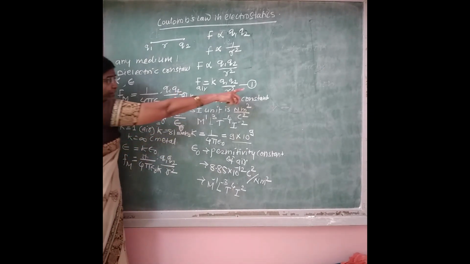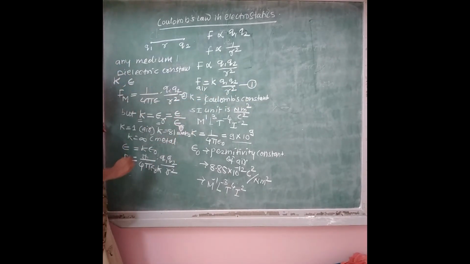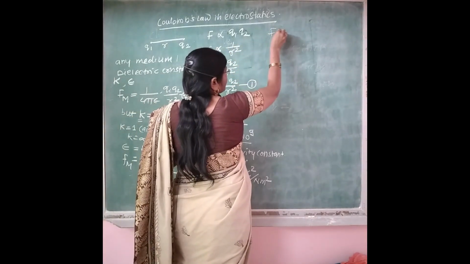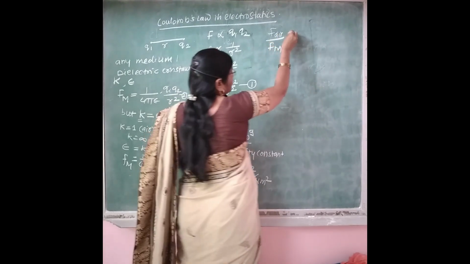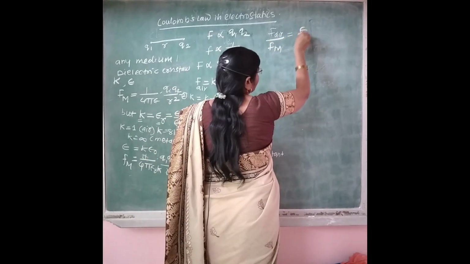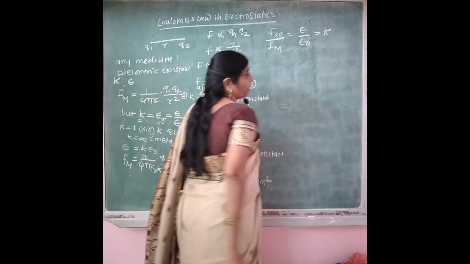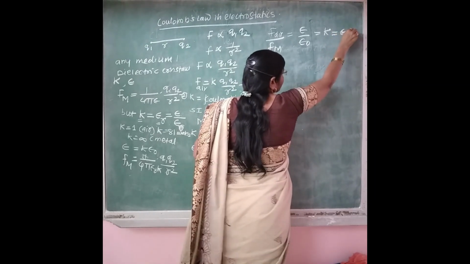If we divide equation 2 by 1, or 1 by 2, then the equation becomes F air divided by F m is equal to epsilon divided by epsilon 0, or it is equal to K, or it can be written as relative permittivity.